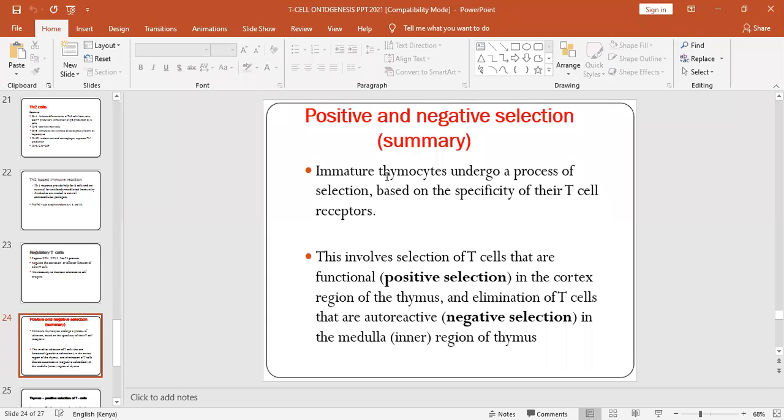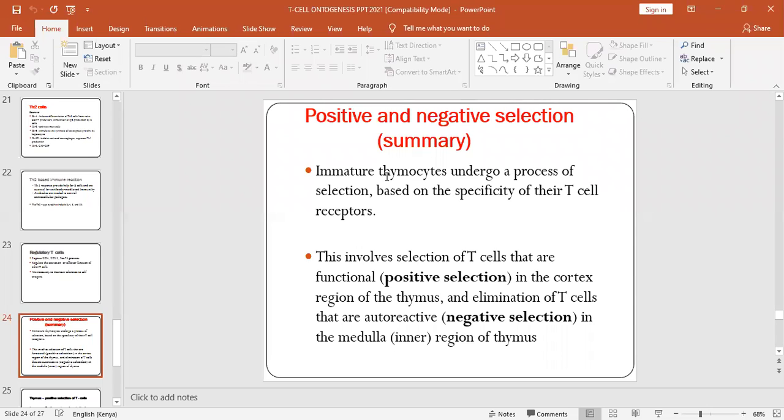We said they must recognize MHC or other self antigens while in the cortex region of the thymus. Any double positive cell that is not recognizing any self antigens doesn't deserve to go any further. They receive a signal to die, so they don't move beyond the cortex region.